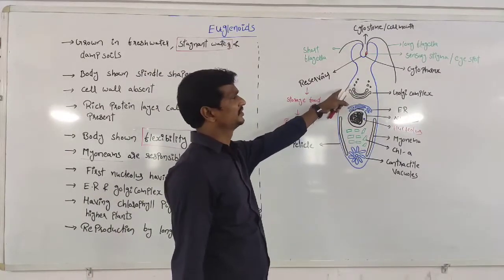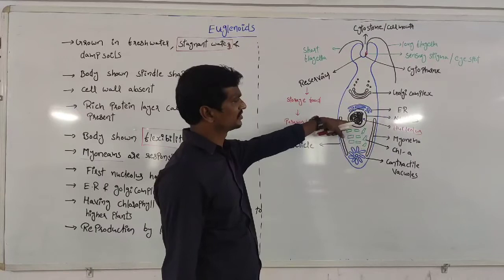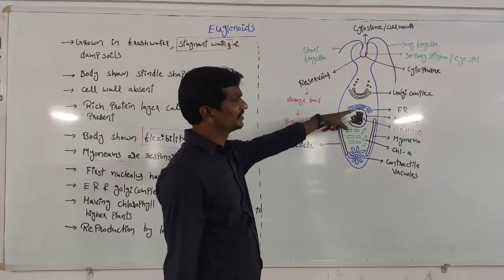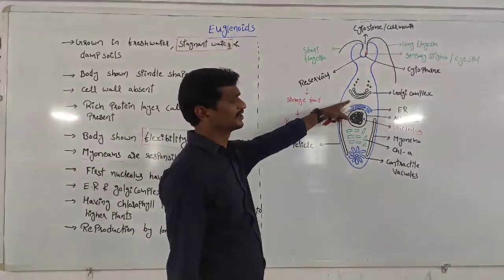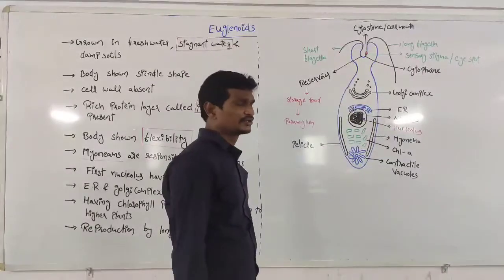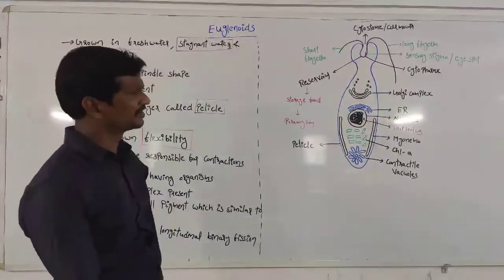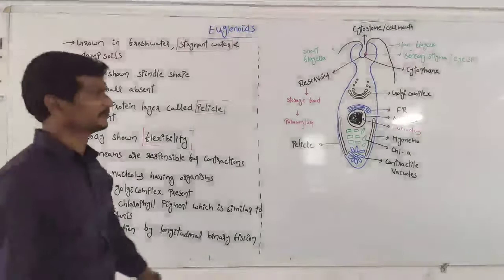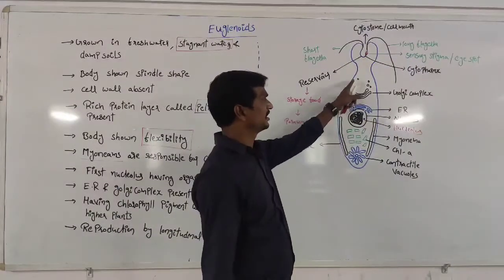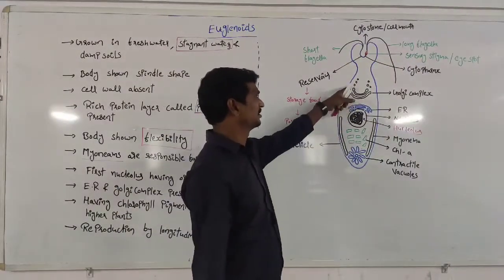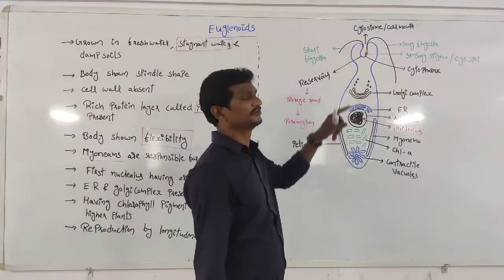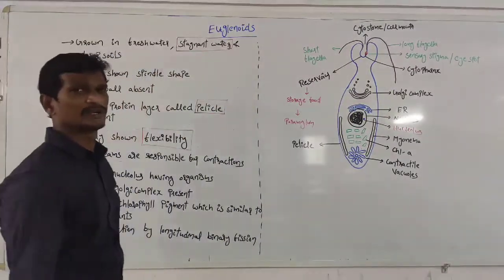So with a single nucleus, there is an endoplasmic reticulum, Golgi complex, and lysosome production. These three are considered the endomembrane system.